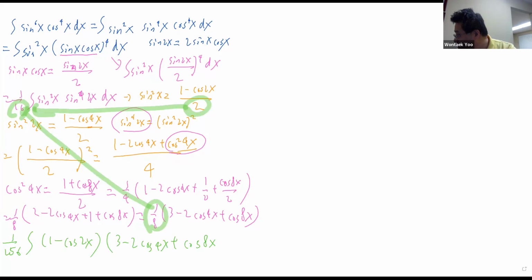Sorry about this. That should have been a 4 there, because of this 2. So that one is 4, plus cosine of 8x, and then dx.